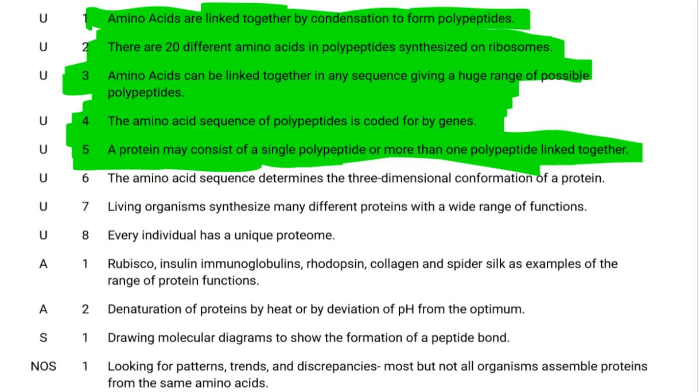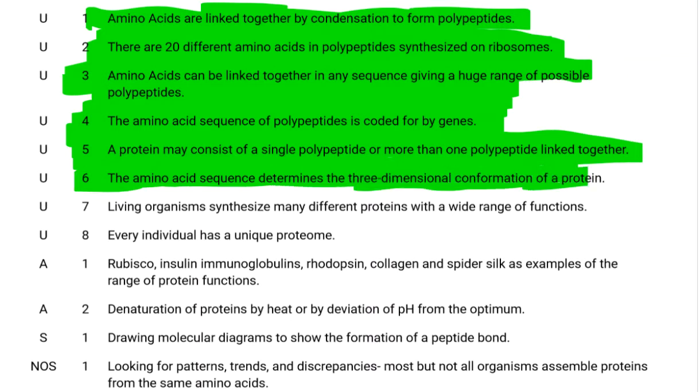The amino acid sequence determines the three-dimensional conformation of a protein. The amino acid sequence is what we call the primary structure, but based on the sequence, we determine the secondary and tertiary structures. Secondary structure is the hydrogen bonding in the protein, and this is the formation of alpha helices and beta pleated sheets. More on that in a video later.